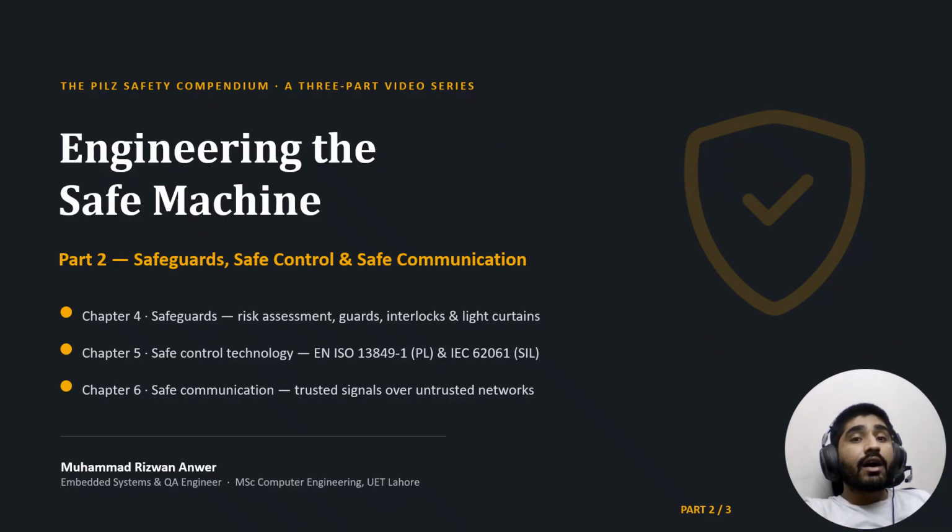That means safeguarding, the physical and sensor-based protection on the machine; safe control technology, the standards ISO 13849 and IEC 62061 that define how reliable a safety function must be; and finally, safe communication, how safety signals travel dependably across industrial networks. Let's dive in.